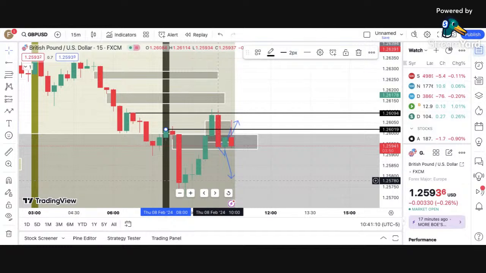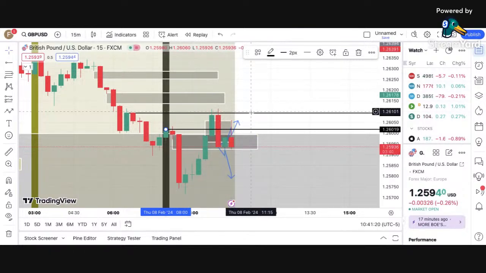It shows you which market is more dominant in this area. And obviously it's looking like the sales, right? So like I said, I'll be going for sales, either off of this area or right when it retests, when it closes below here.